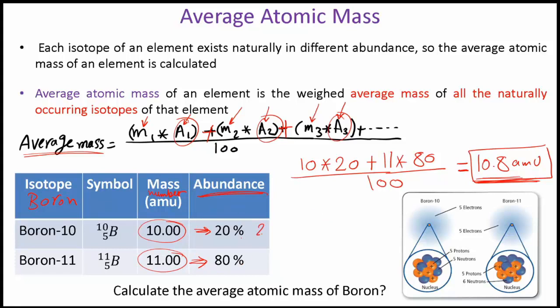It might be, for example, 20.5 and maybe 79.5%. It depends on the average that they have. And because they use the real masses and we use the mass numbers.